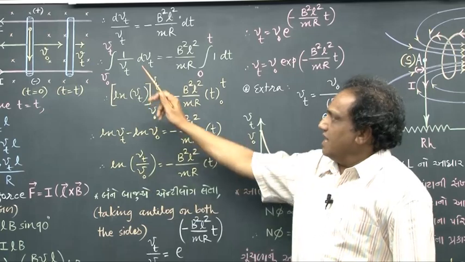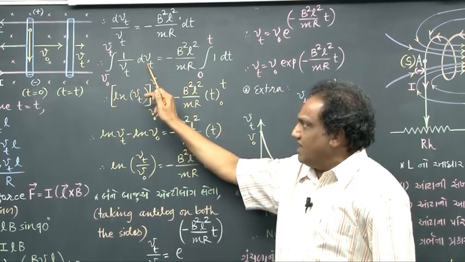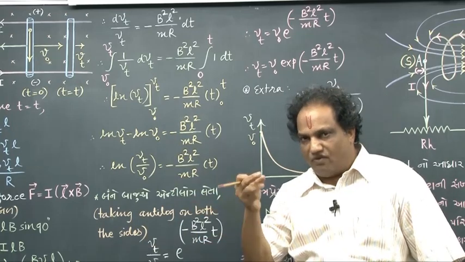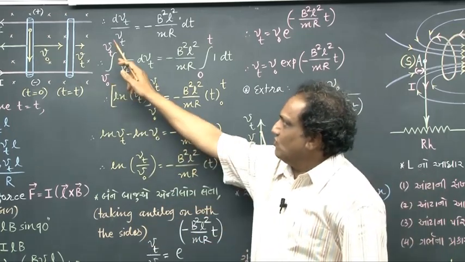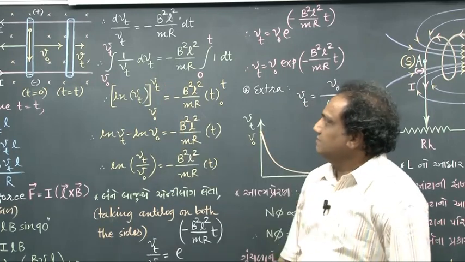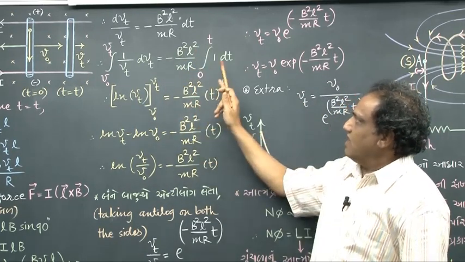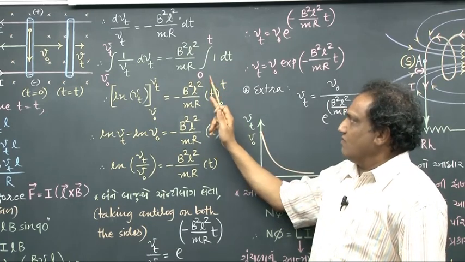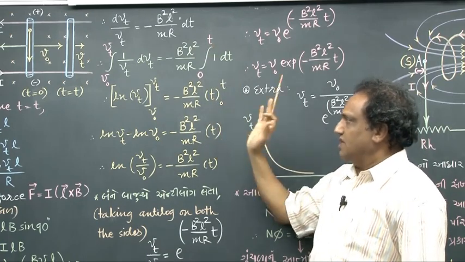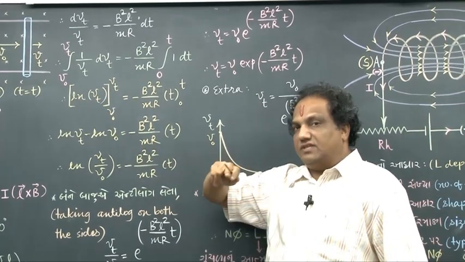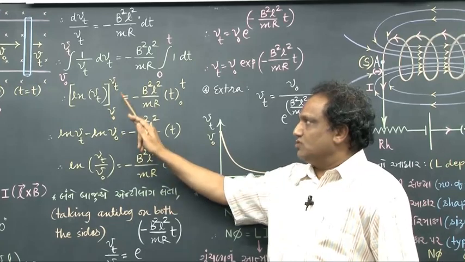Fine. And now integration 1 upon Vt dVt, by formula it is natural log of Vt from V0 to Vt, minus B square L square upon mR as it is. Integration 1 dt is nothing but t, from 0 to t. Now natural log of Vt to be found between these two limits.